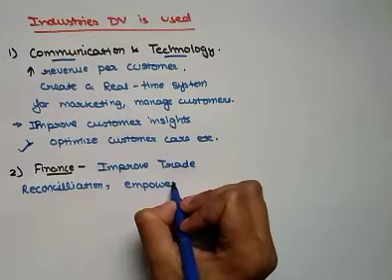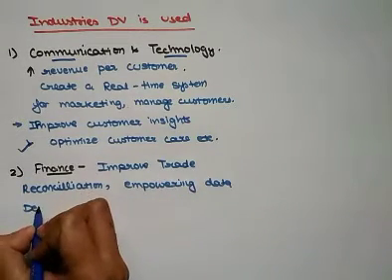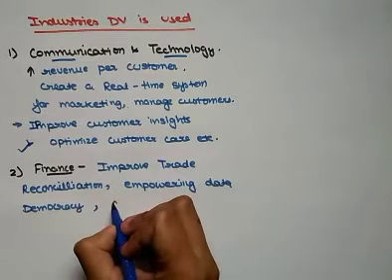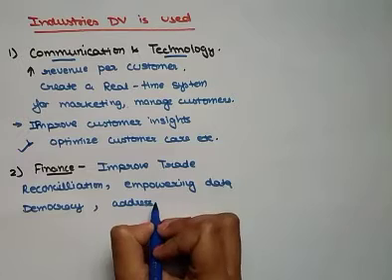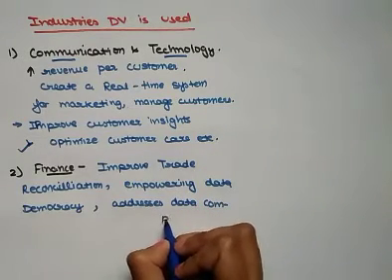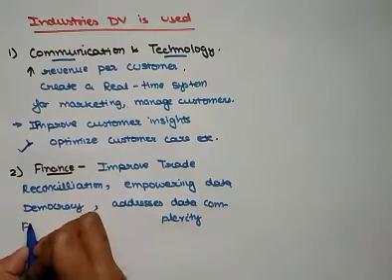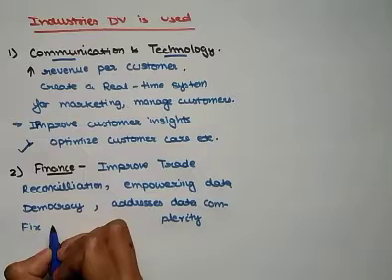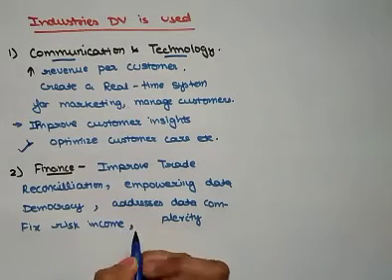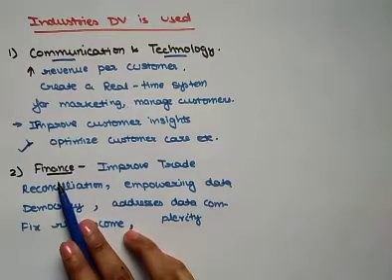It is also used for empowering data democracy. Also, it addresses data complexity, and it is also used to fix risk income, right? So all these are the fields taken under finance, right?